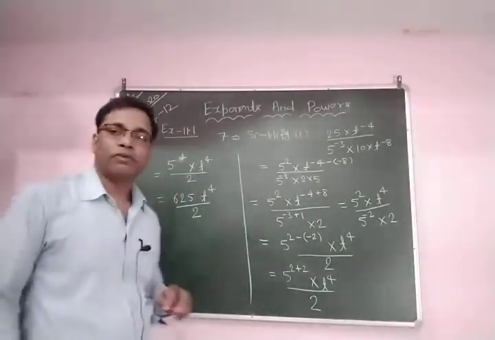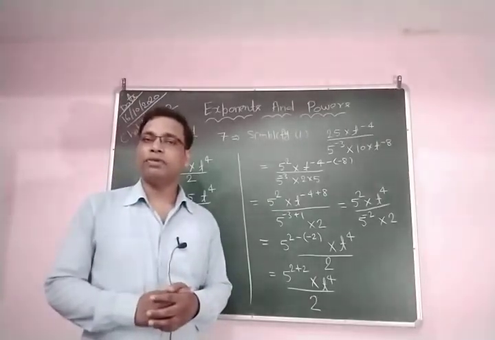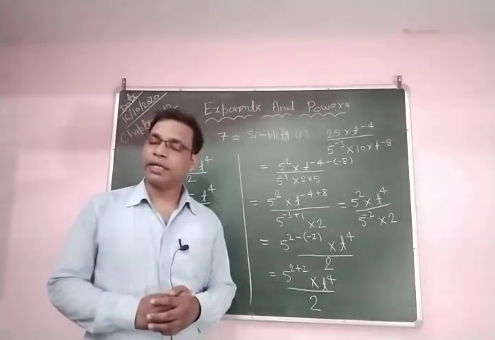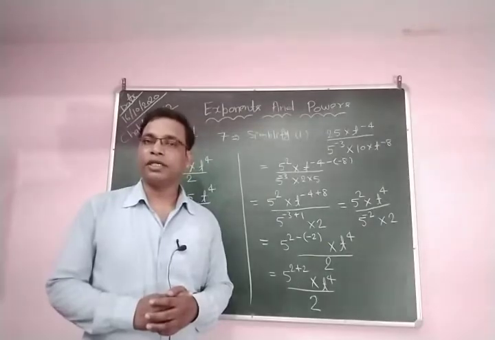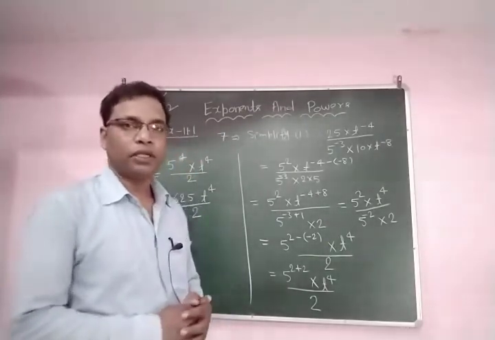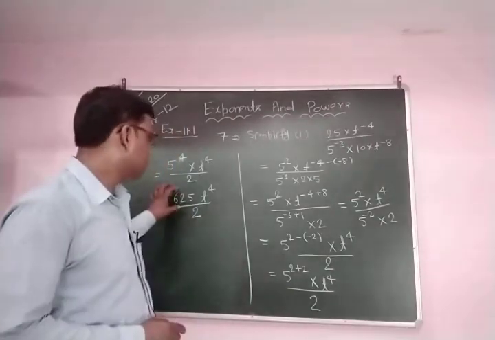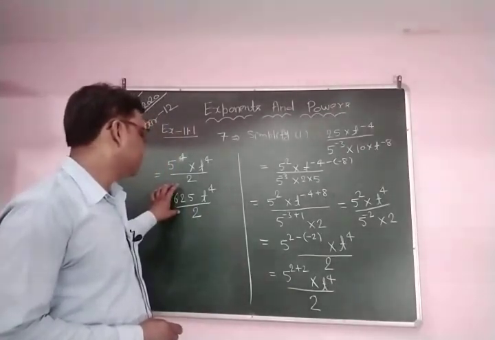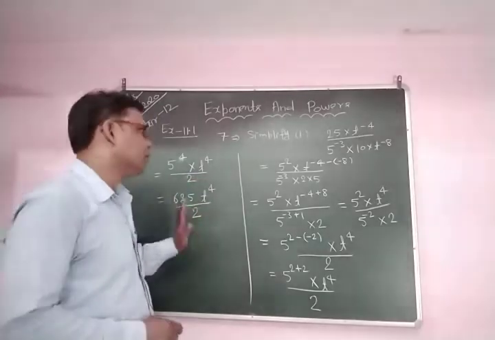We can write 5 power 4 is 5 into 5 into 5 into 5, 4 times. 5 multiplied by itself. So it becomes 625. 5 power 4 is equal to 625. So our solution is 625 into t power 4 by 2.